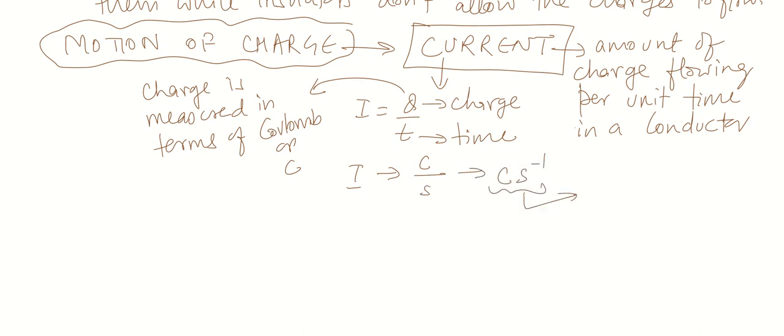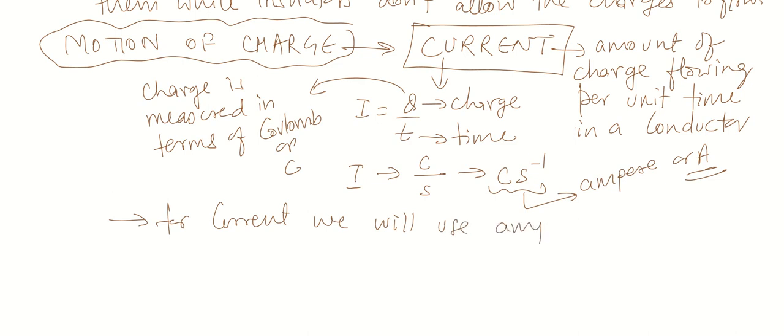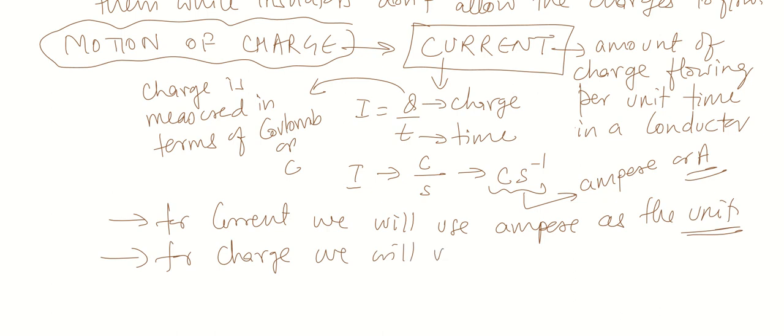This together is also represented as ampere or capital A. So for current we will use ampere as the unit, and for charge we will use Coulomb as the unit.